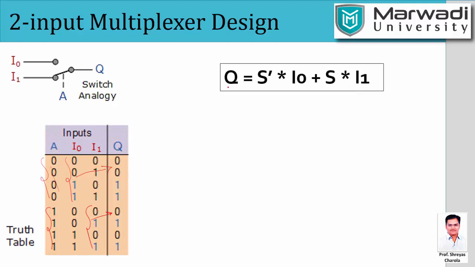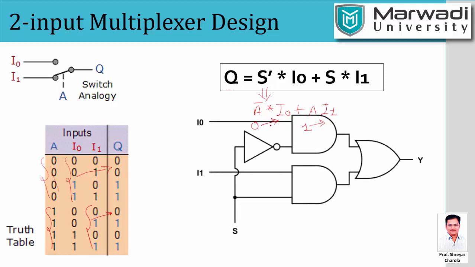I can write it as Y equals A dash I0 plus A I1. That means the selection line is A dash according to our switch. If it is 0, it will select I0. If it is 1, it will select I1. So based upon this you can design a logical circuit using the gates.